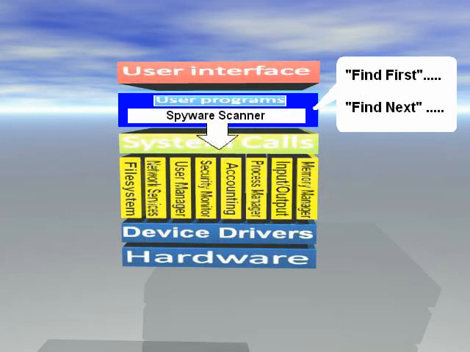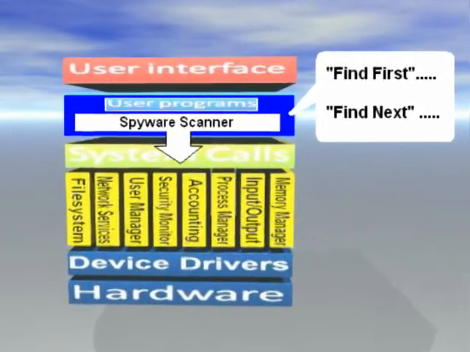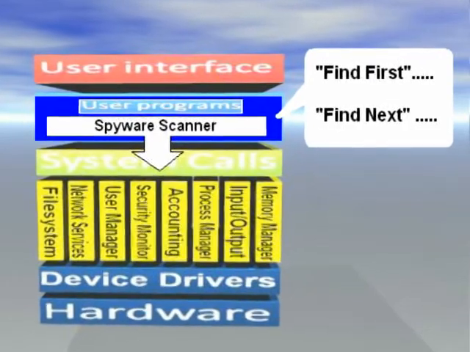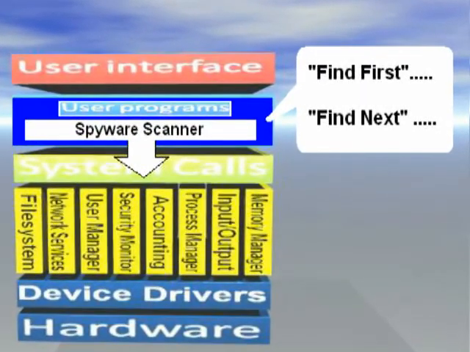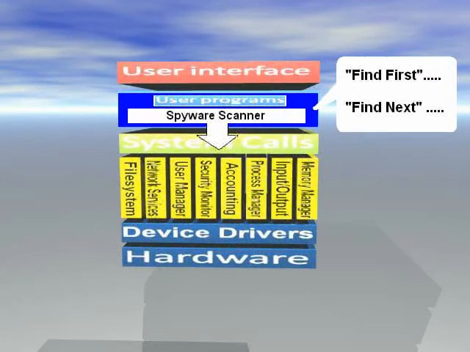That's find first file and find next file. So if you ever want to do a directory listing, you'll say find first file, and then it gives you the first file, and then you successively call find next until it returns no more files. That's all there is to it. So anything that's scanning your system is basically doing that.